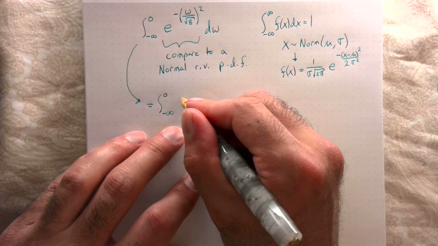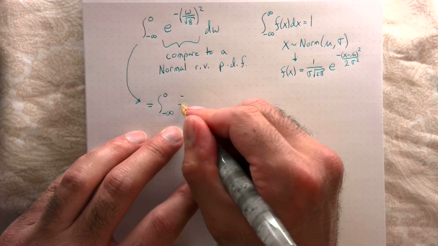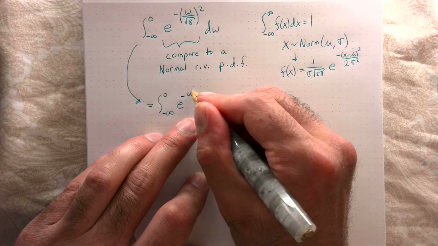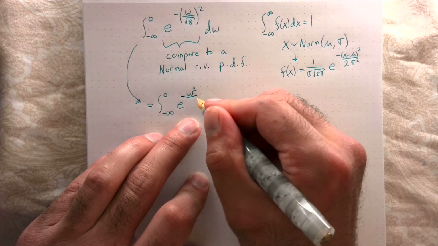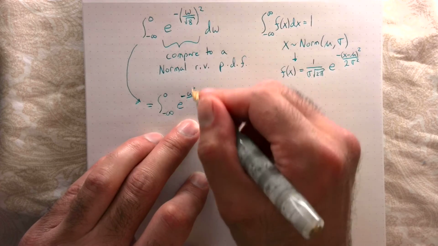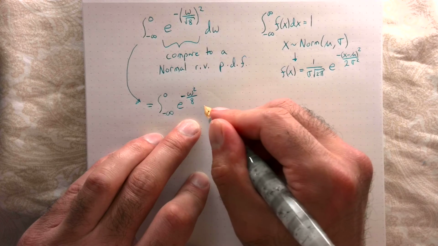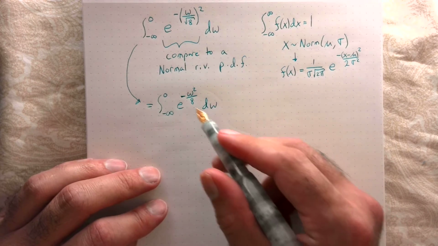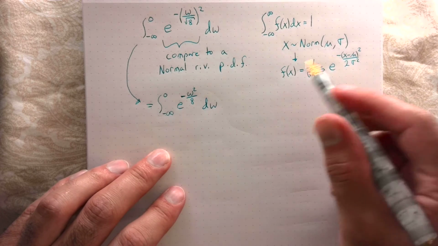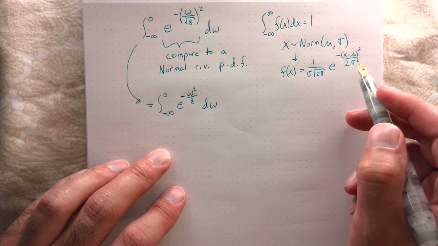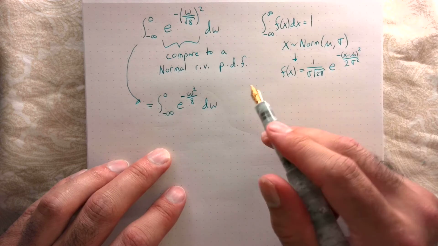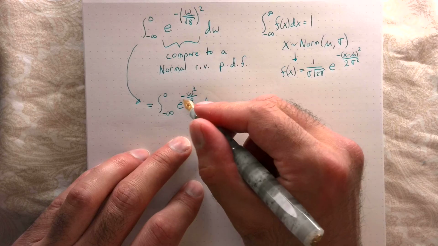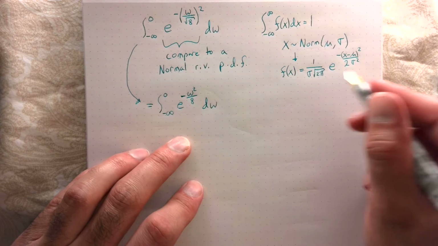So this is e to the minus w squared over the square root of 8 squared, which is 8, dw. This is actually pretty close to what we need. What is the mean in this case? The mean is going to be 0, because this is the same as minus (w minus 0) squared, if you really wanted to do that.